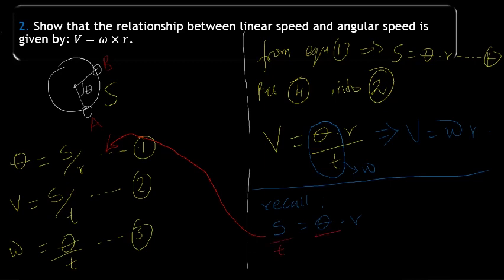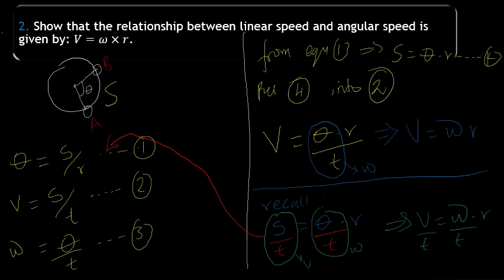You can see that this is v, and of course this is omega, and we end up having v is equal to omega r. That may be another way. Of course, remember that if you also divide both sides by t again, then you will get the relationship between linear acceleration and angular acceleration. That's a is equal to angular acceleration times r. The same thing.